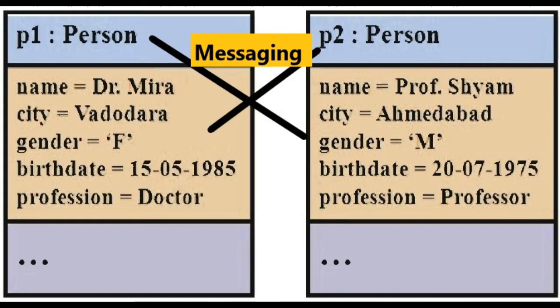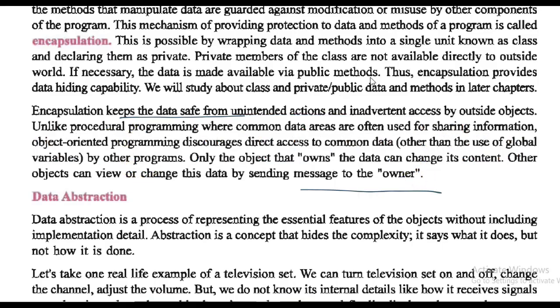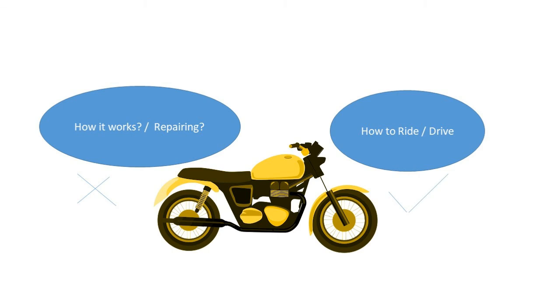Now the last concept that we are going to see today is data abstraction. Data abstraction is the process of representing the essential features of the object without including implementation detail. For example, if we drive a two-wheeler or four-wheeler, we need to know only how to drive it. It is not necessary to know how it is working, what is inside its engine, how that engine works.